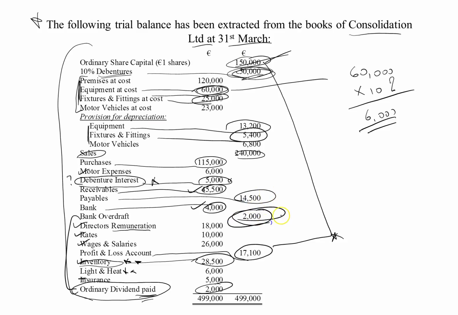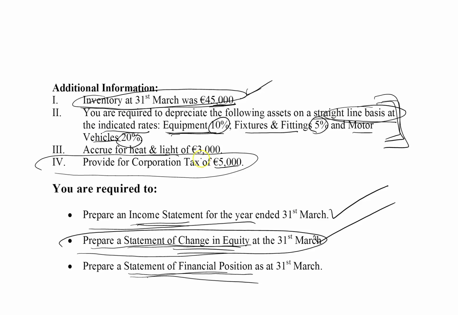I have the bank overdraft, which I mentioned earlier. That is a current liability. That's everything in the trial balance. So just looking at the notes then, I have the heat and light accrued. That'll be a current liability, accrued expenses. And we have the corporation tax. So that corporation tax hasn't been paid yet, so that will be a current liability as well. So that's the 4 items that I'm going to put in.